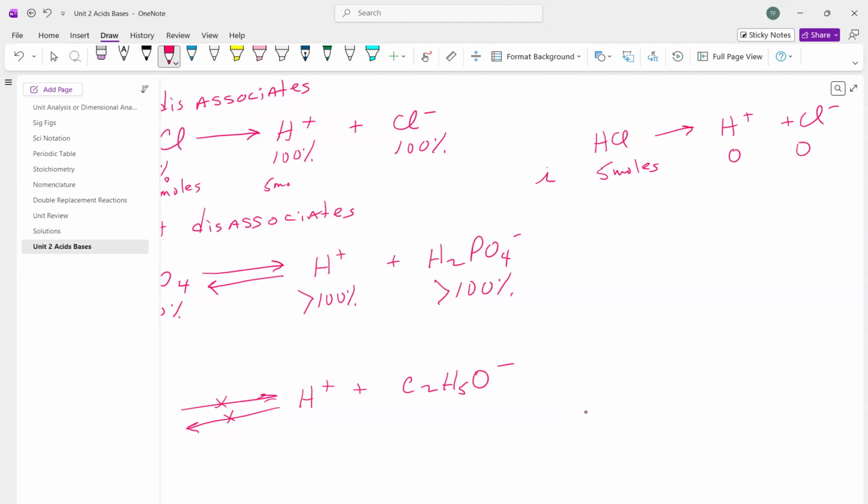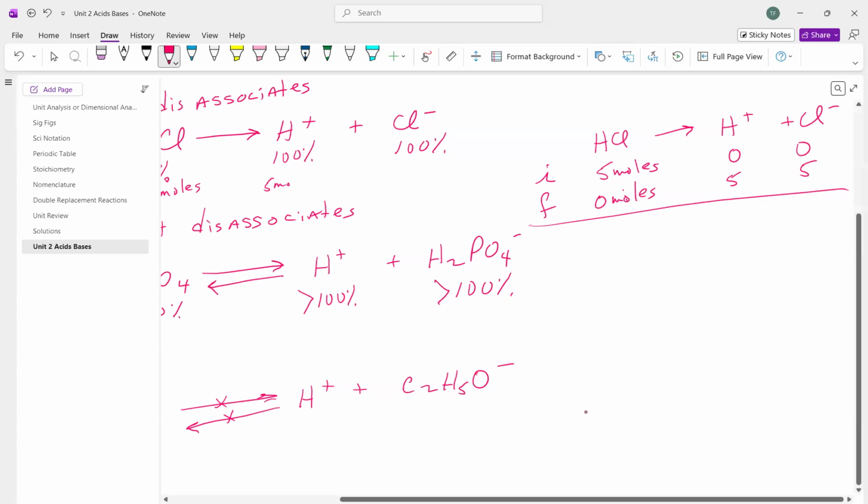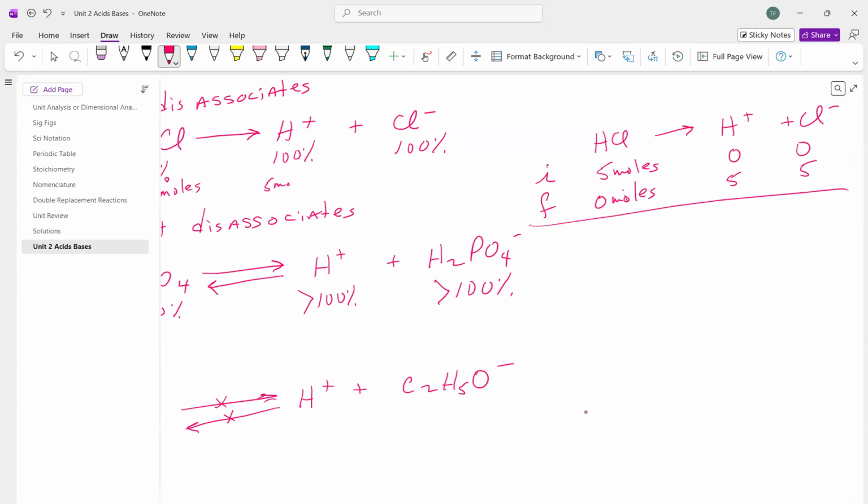We haven't put it in water yet. Remember, it's a gas. Okay, finally, after it all dissolves, we have 0 moles of HCl and 5 moles and 5 moles. So that's really an aid in doing calculations with strong acids.